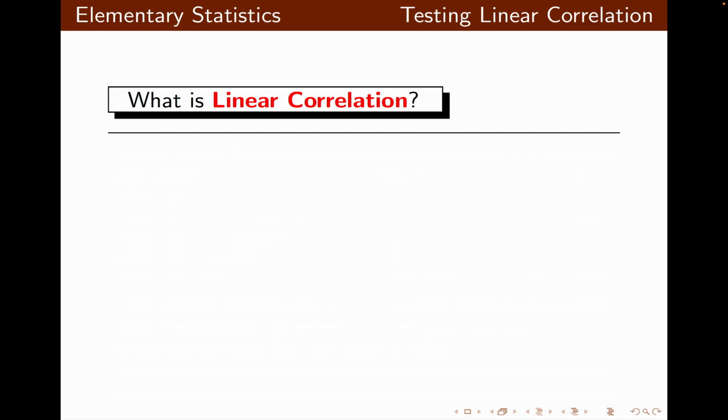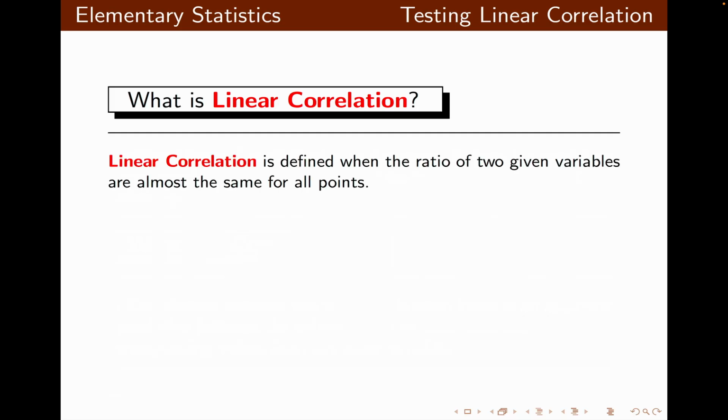So what is linear correlation? The linear correlation is defined when the ratio of two given variables, usually x and y, are almost the same for all the points in the sample.